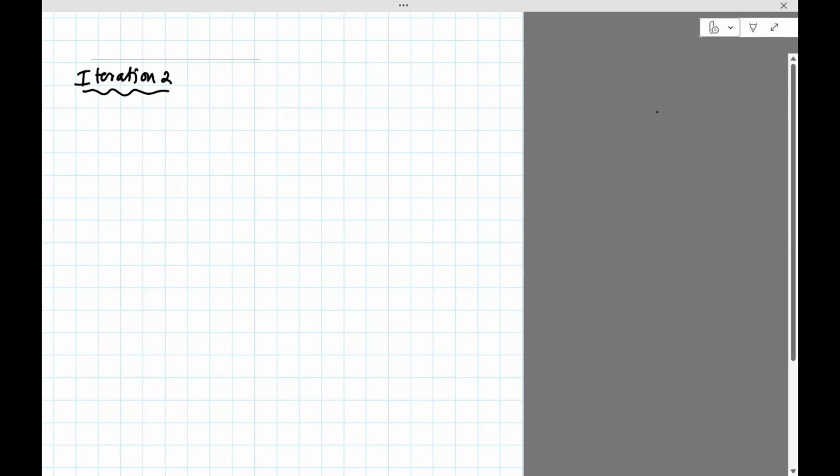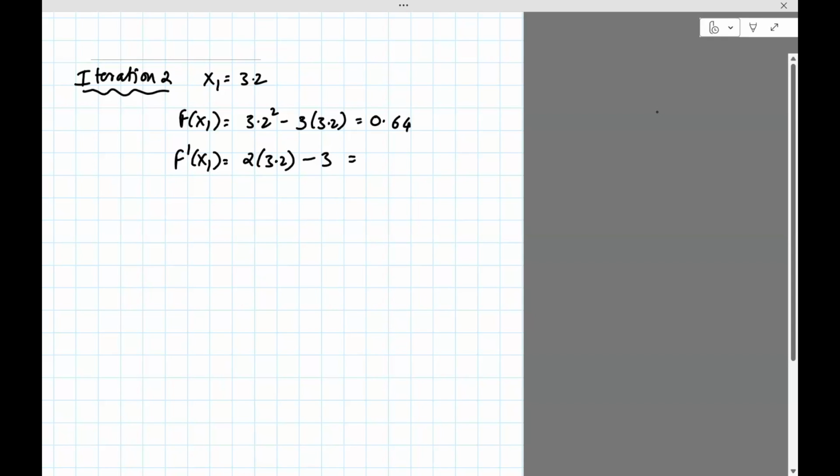Iteration 2, x1 is 3.2. F of x1 is 3.2 squared minus 3 times 3.2. And I think we computed that to be 0.64. Okay. F dash of x1 is 2 times 3.2 minus 3. I think that comes out to be 6.4 minus 3, so 3.4. Okay, we are all set to compute x2. It's x1 minus f of x1 divided by f prime of x1.